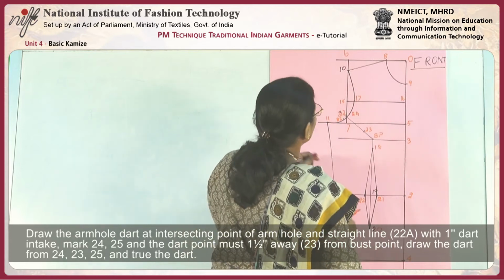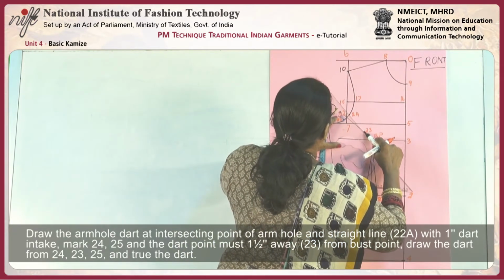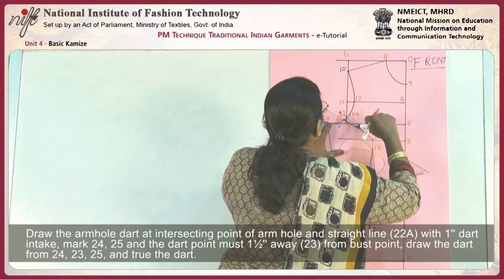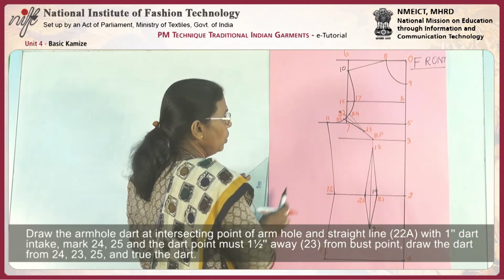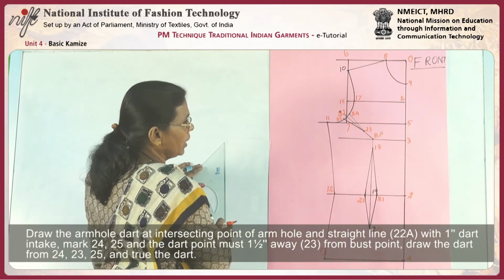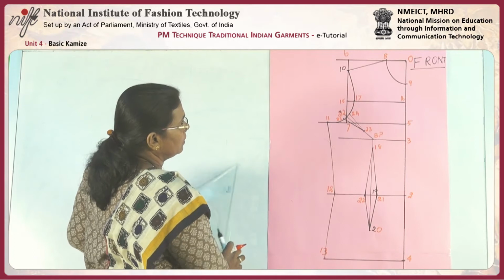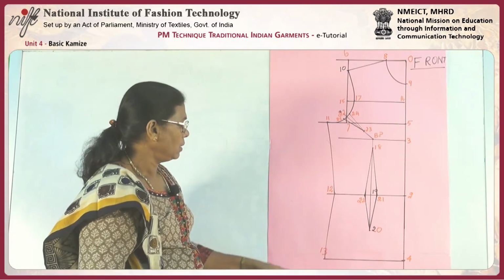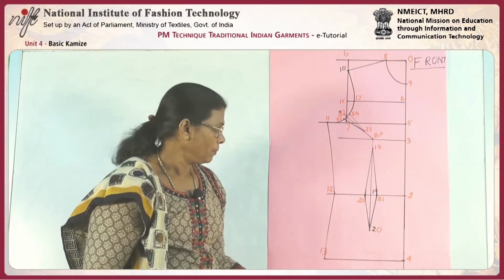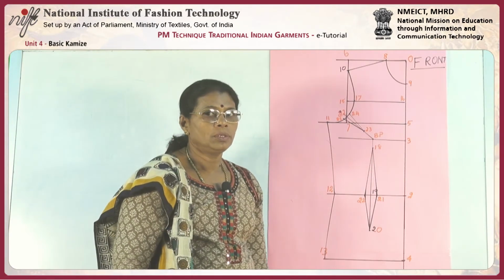And draw the dart lines from 24 to 23 and 25 to 23. This armhole dart has to be trued and the armhole curve drawn again. Now join and extend the side seam from hip line to bottom line.